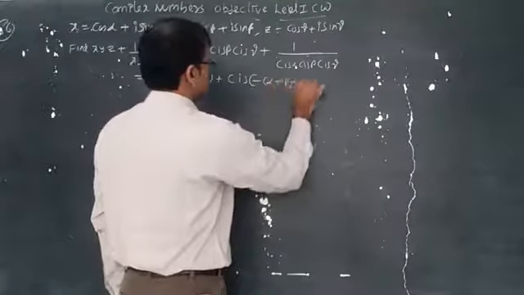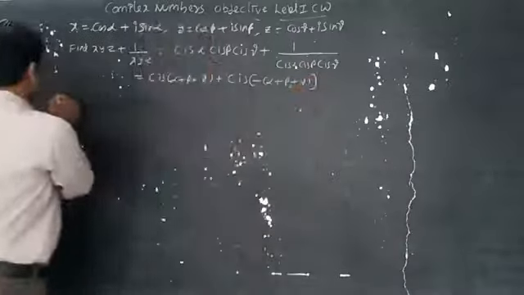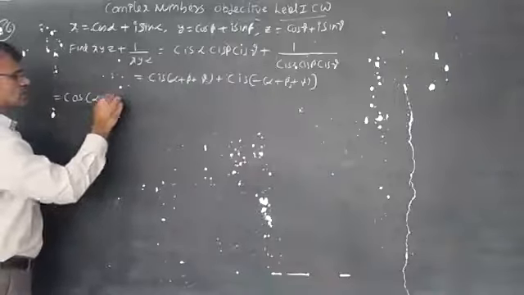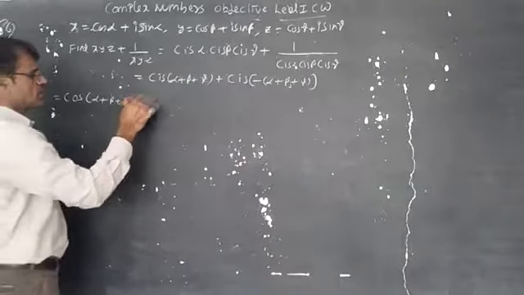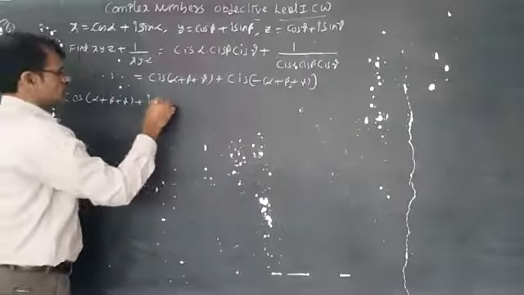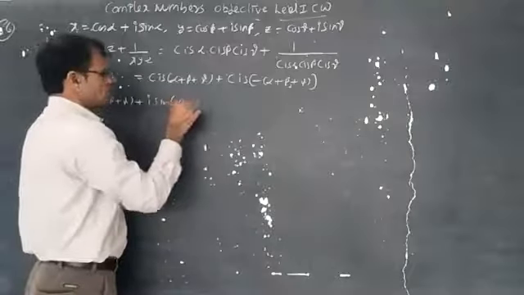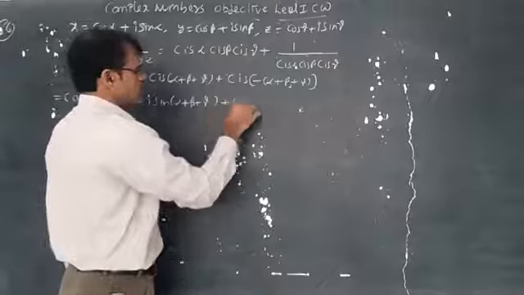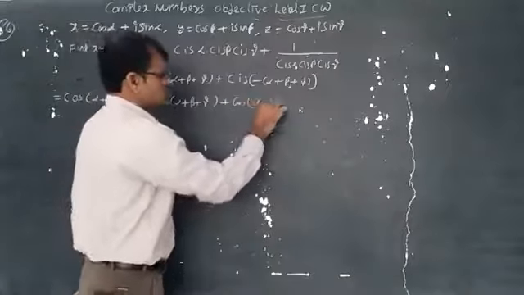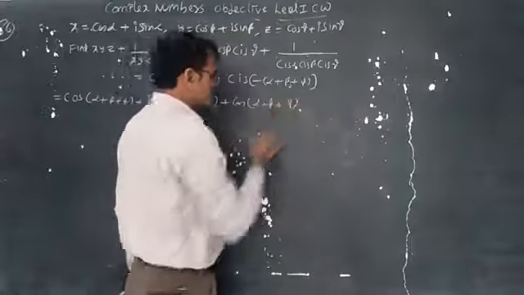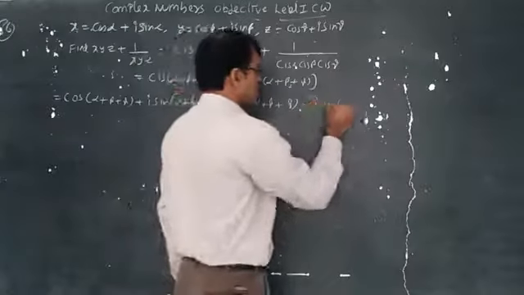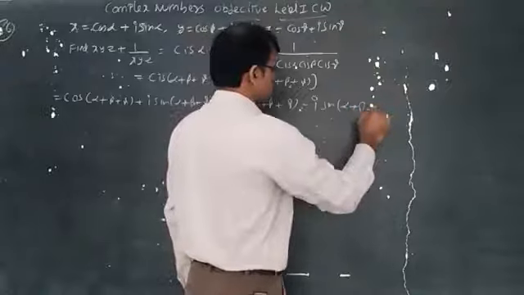This can be understood as cos of alpha plus beta plus gamma plus i sin of alpha plus beta plus gamma, plus cos of alpha plus beta plus gamma minus i sin of alpha plus beta plus gamma. There is no minus for cos, so you can write it directly.